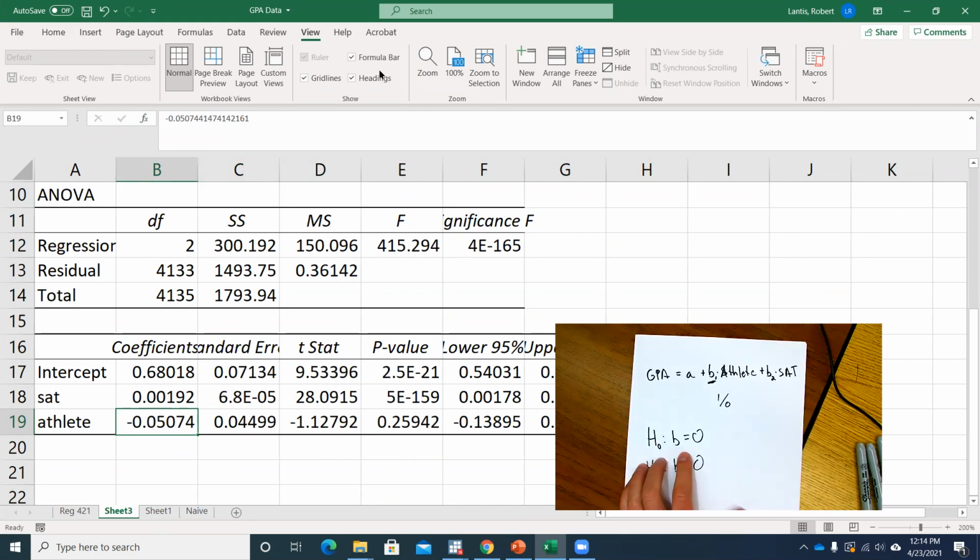Being a student athlete could have no impact on the GPA if I can hold constant what the individual's SAT score is, right? So two individuals with the same SAT score, we would now predict that if one of them was an athlete and the other wasn't, the athlete would have about a 0.05 lower GPA, but we can't actually say that it would be statistically any lower, right? Because we can't actually say that that coefficient is any different from 0, because we're just basing this off of a sample, right?